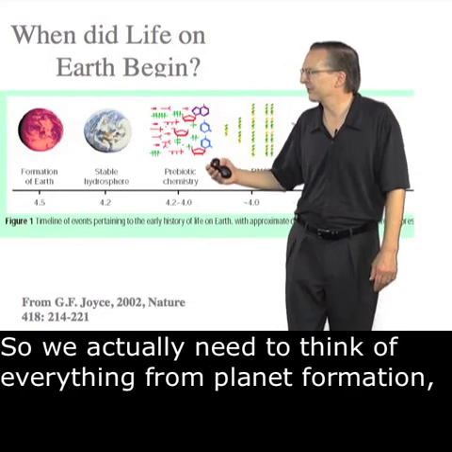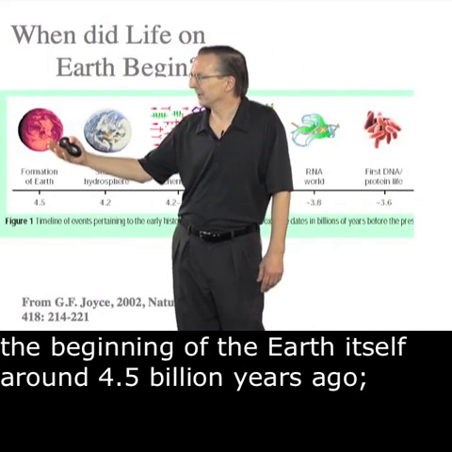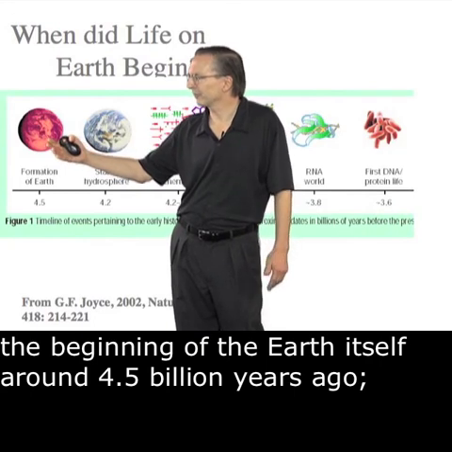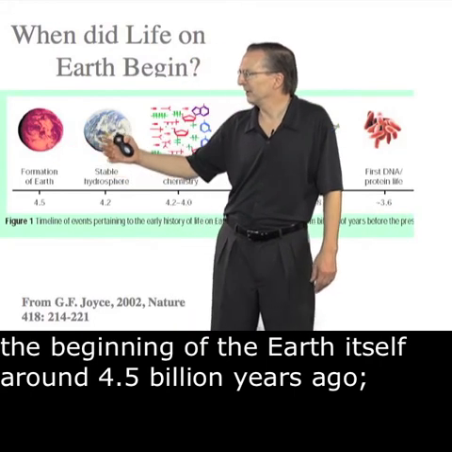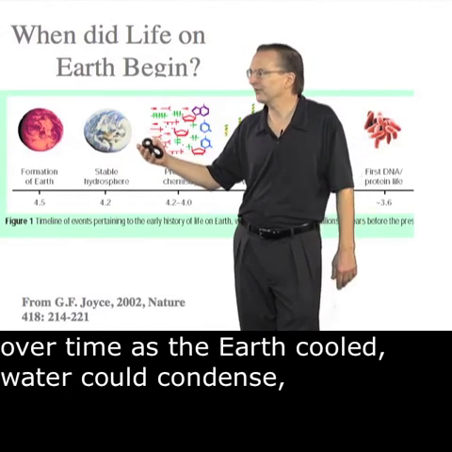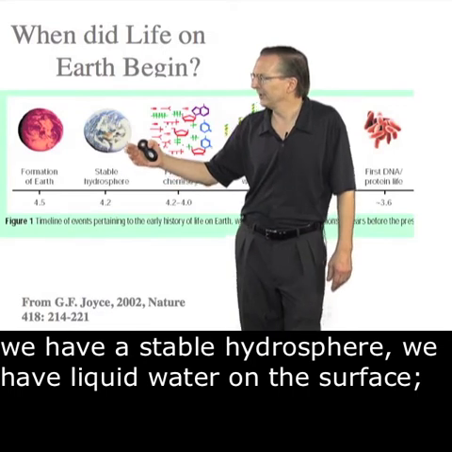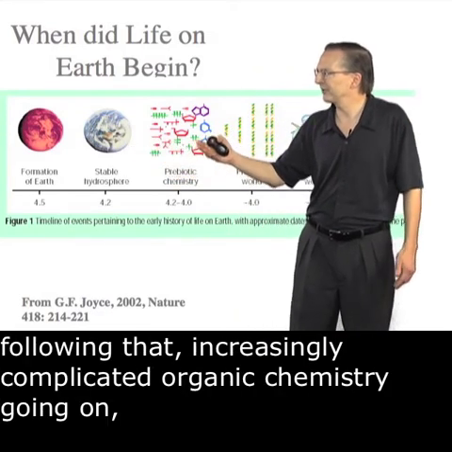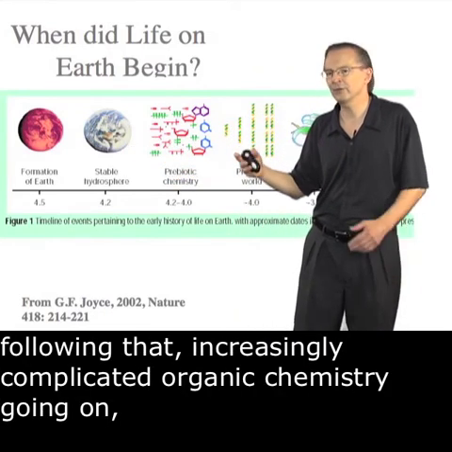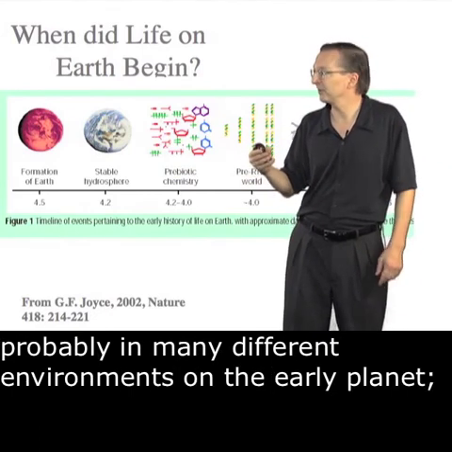So we actually need to think of everything from planet formation, the beginning of the Earth itself around 4.5 billion years ago. Over time, as the Earth cooled, water could condense. We have a stable hydrosphere. We have liquid water on the surface. Following that, increasingly complicated organic chemistry going on, probably in many different environments on the early planet.